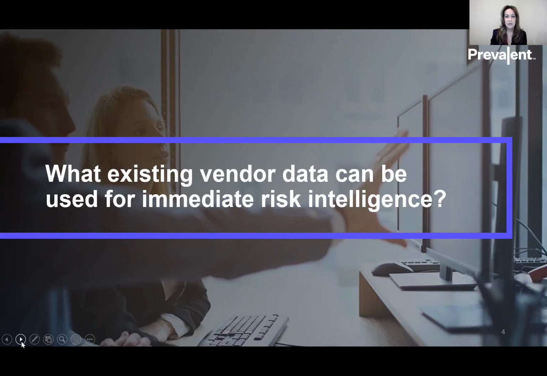If they are not secure in certain security domains, with Prevalent you can not only look at cyber security, but you can also look at business intelligence and financial intelligence. So it's highly recommended that if you're looking at a prioritization aspect, or even throughout your entire life cycle of the third-party engagement, run that threat intelligence report.